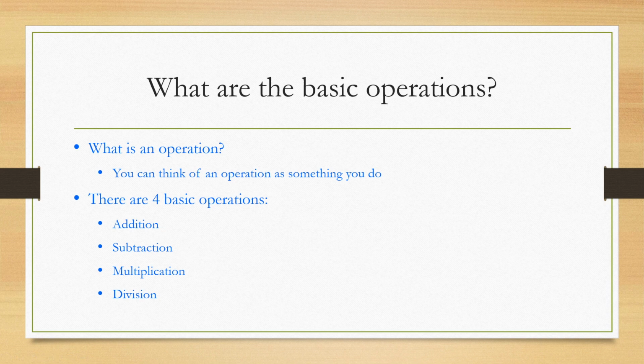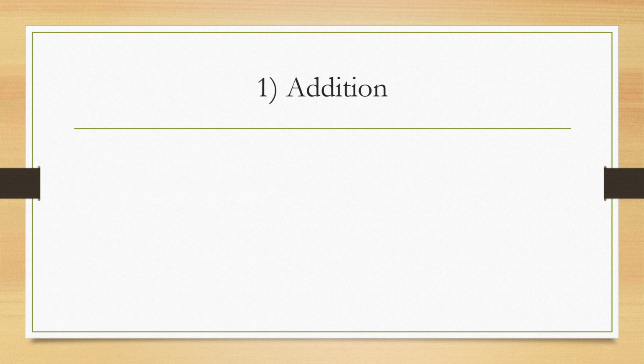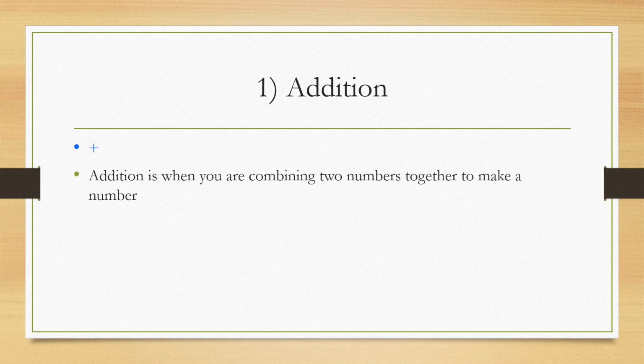Okay, so let's start with the first one, that is addition. This is the addition sign, the mathematical sign of addition. So what is addition? Addition is basically combining 2 numbers together to make one number. For example, you have X sweets and your friend gives you Y sweets.